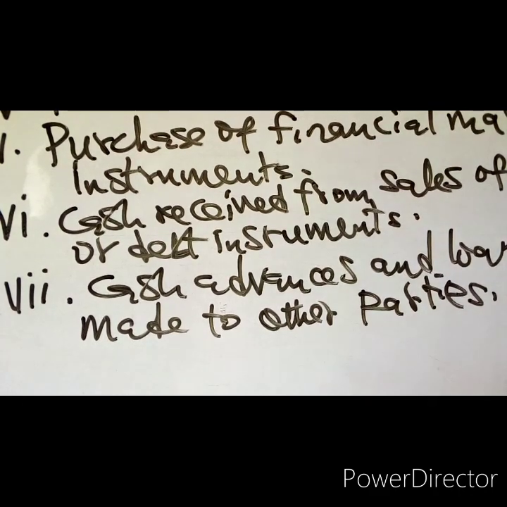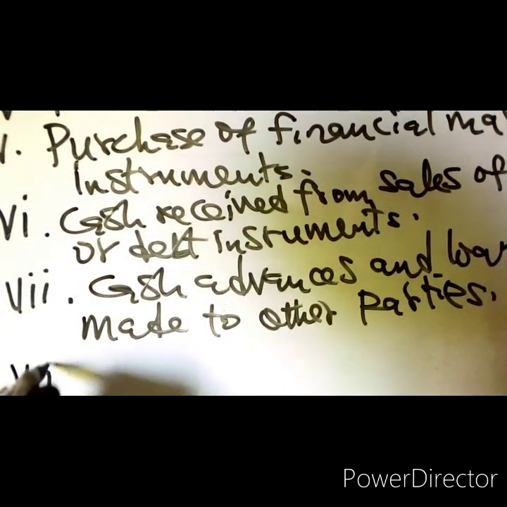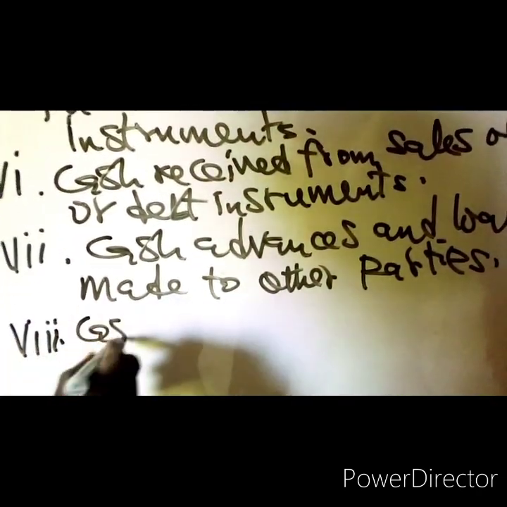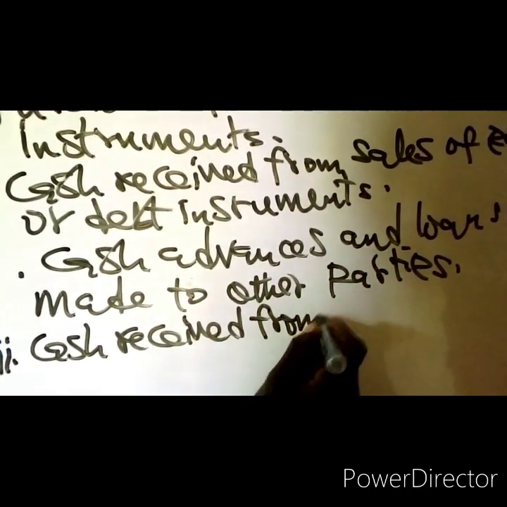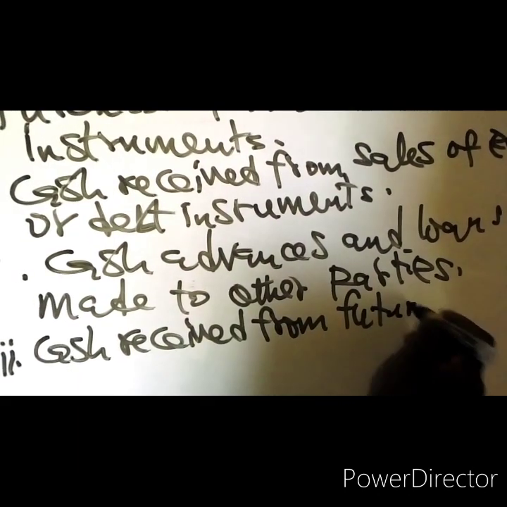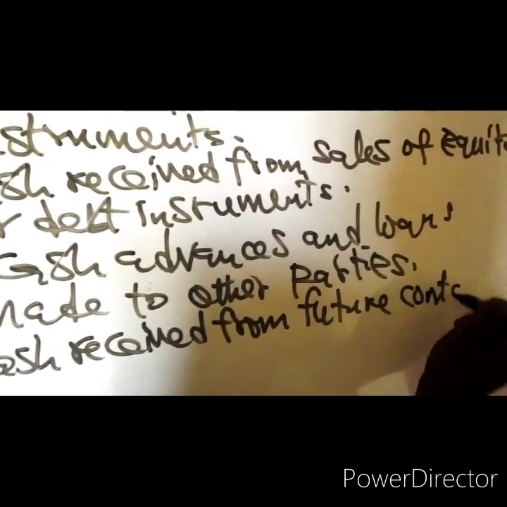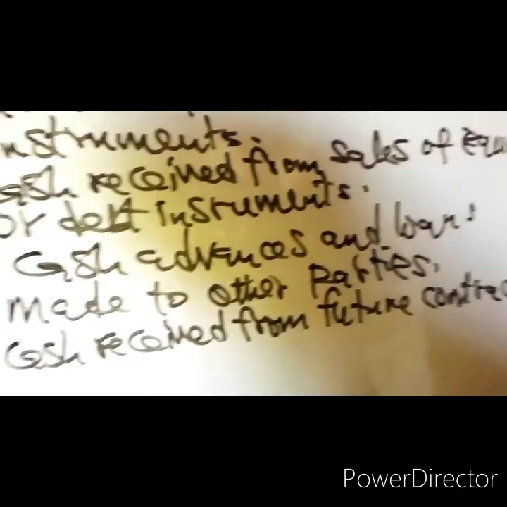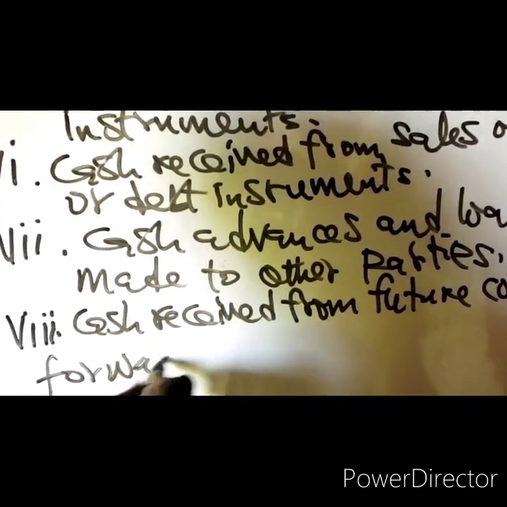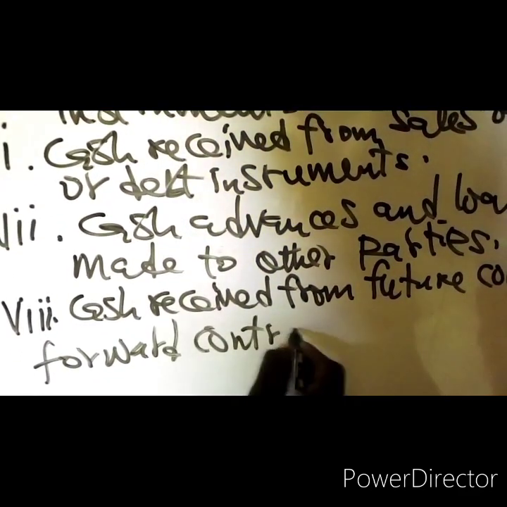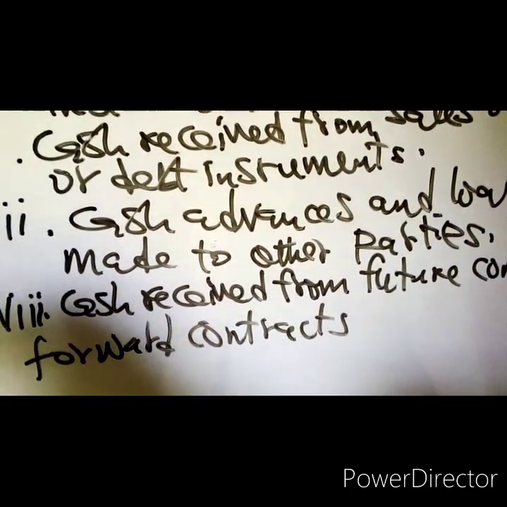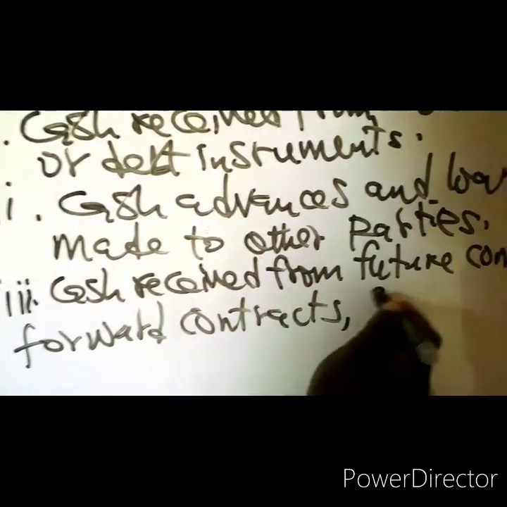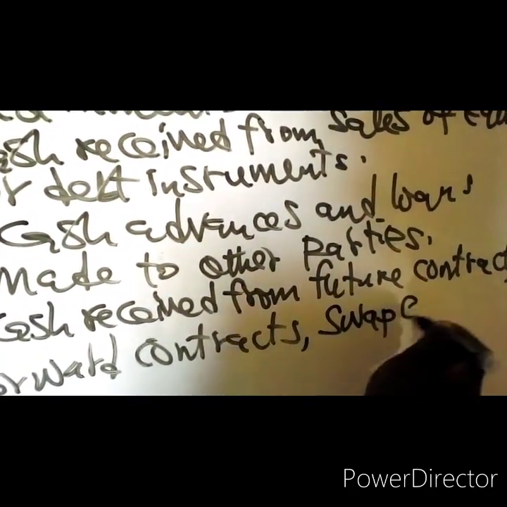So then we also have, number 8, cash received from future contracts, forward contracts, swap contracts.